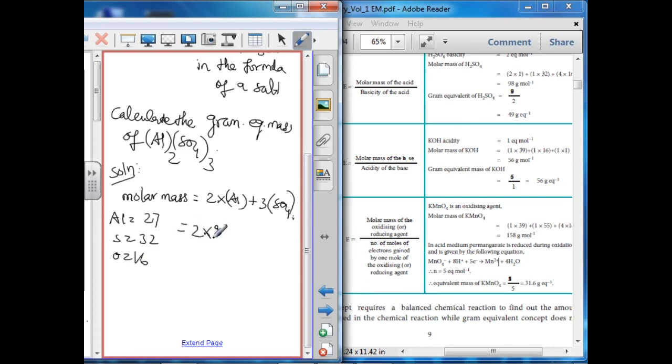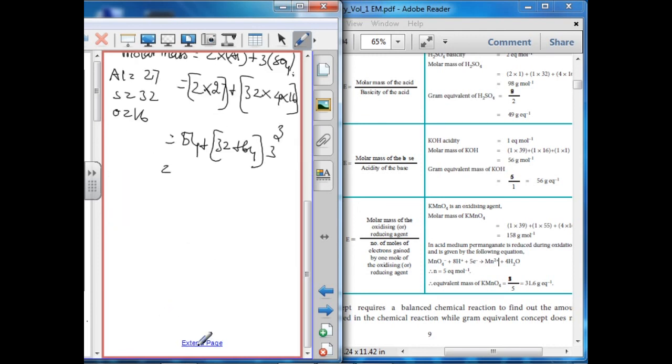So 2 into 27 plus 32 plus 4 atoms of oxygen, multiplied by 3. 54 plus 32 plus 64, multiplied by 3. 54 plus 96 multiplied by 3, so 54 plus 288.